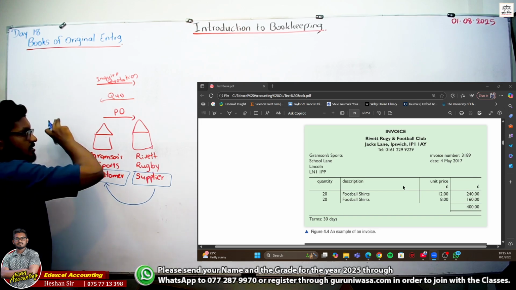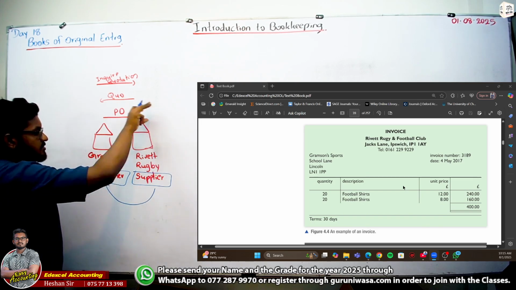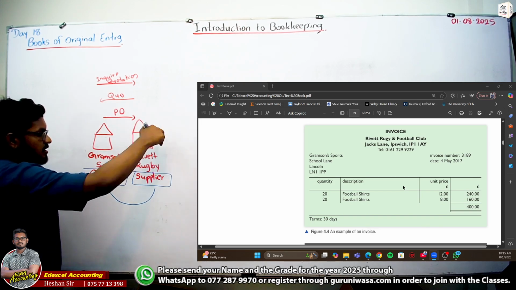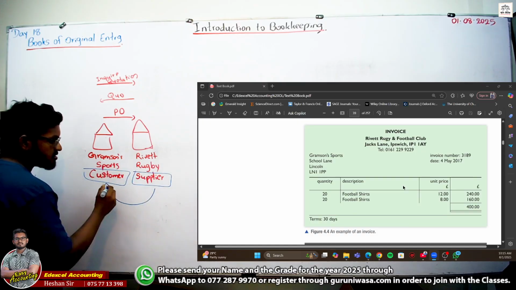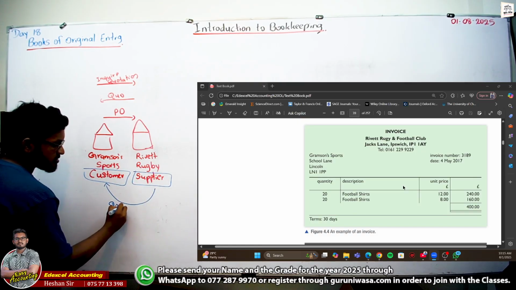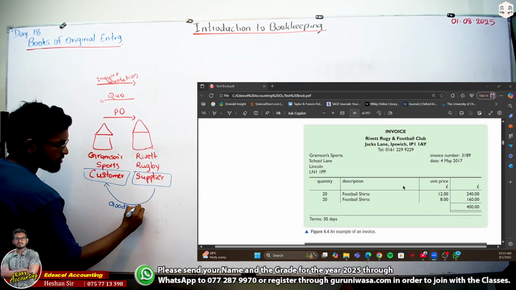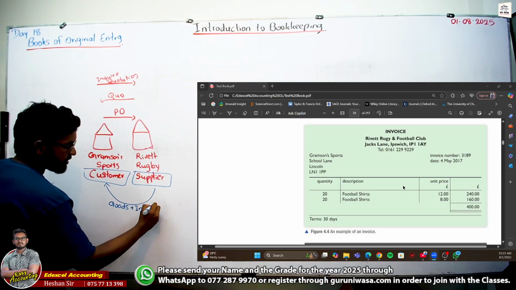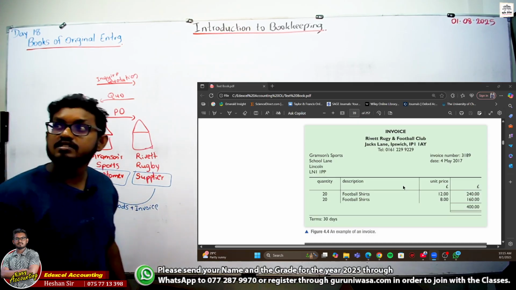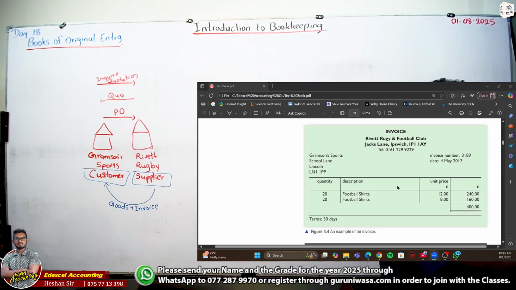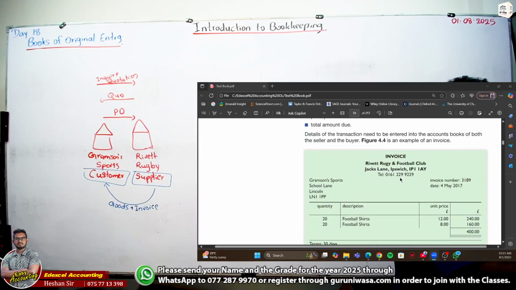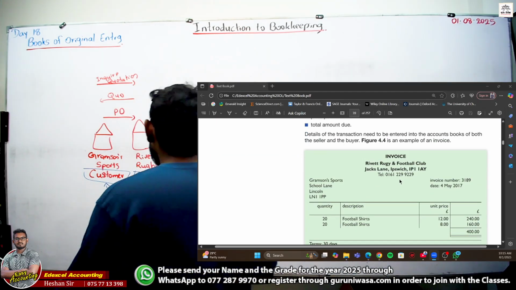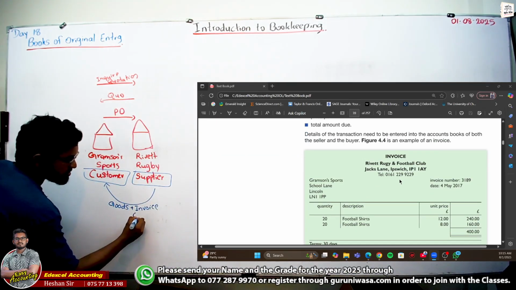Now when Gramson raises a purchase order, Revert Rugby sends the goods plus invoice. Look here, goods plus invoice. Now this invoice is the sales invoice.